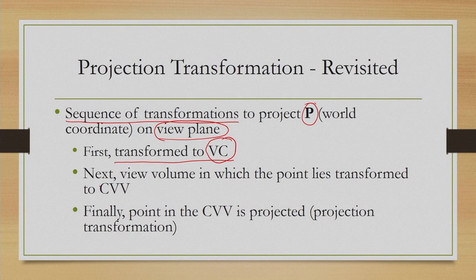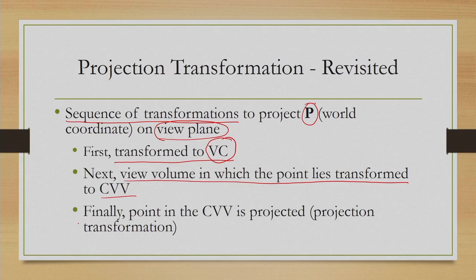And the next step is not projection. Instead, what we do is, in this view coordinate description, we define a view volume, and this view volume is transformed to a canonical view volume, and accordingly the point is also transformed by applying the same set of transformations. So, the next stage is to transform the point in the view volume to a point in the canonical view volume.